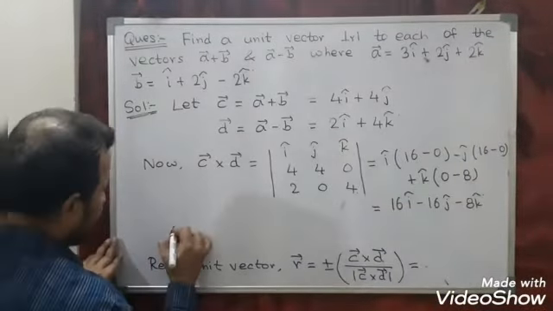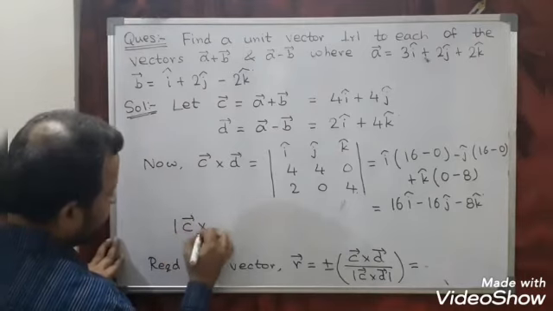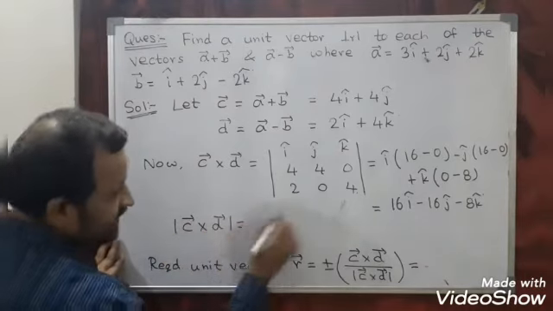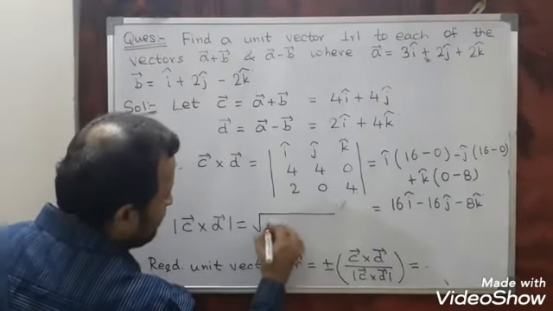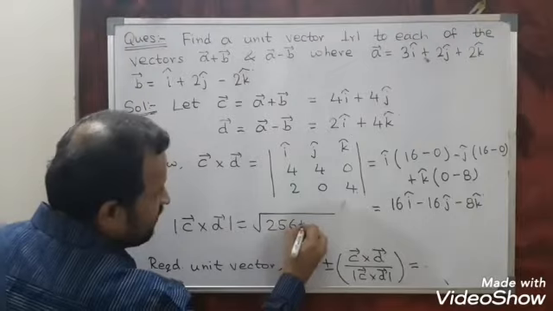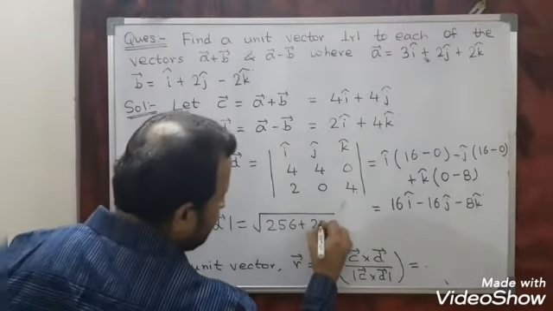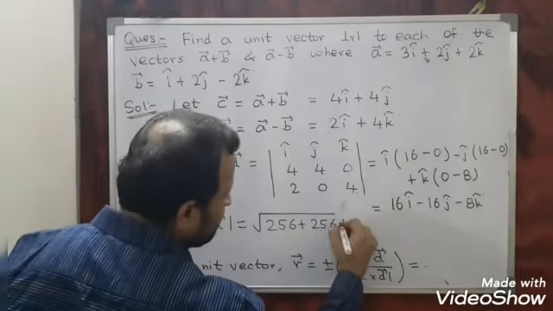Next we have to find the magnitude. So magnitude of C cross D is equal to 16 square, which is 256, plus 16 square, again 256, plus 8 square, it is 64.